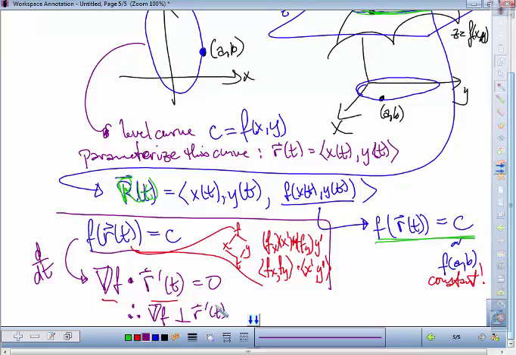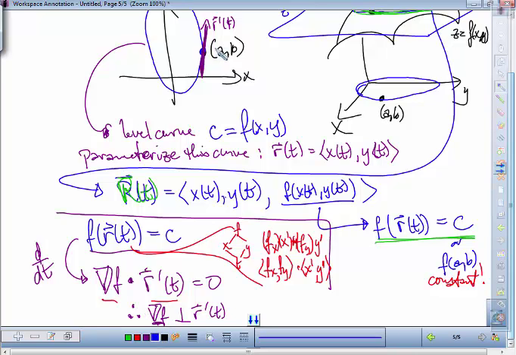It's tangent to the curve. So r prime of t is some direction, maybe going this way, maybe going the other way, it doesn't really matter, but it's a vector that's tangent to the curve. And you're saying that the gradient is perpendicular.